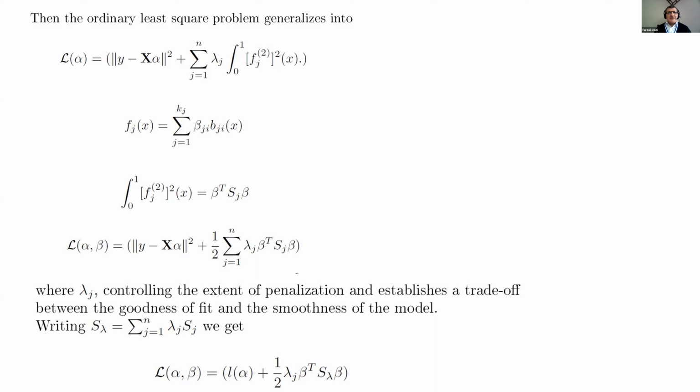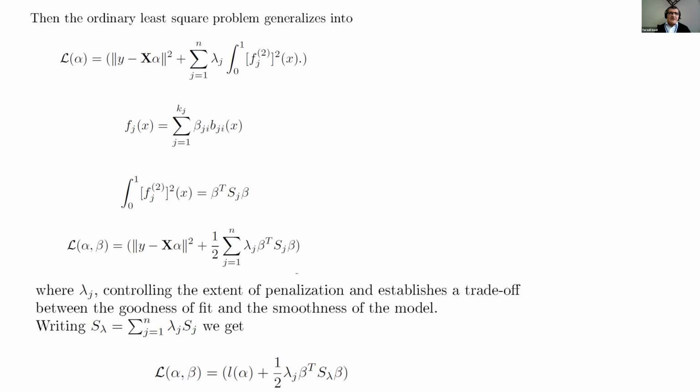After calculating the integral, which gives us the quadratic form, and plugging it into the above equation, we got this L alpha beta norm squared plus 1/2, which, just for simplicity, comes from the quadratic form, sigma lambda_j beta^T S_j beta.